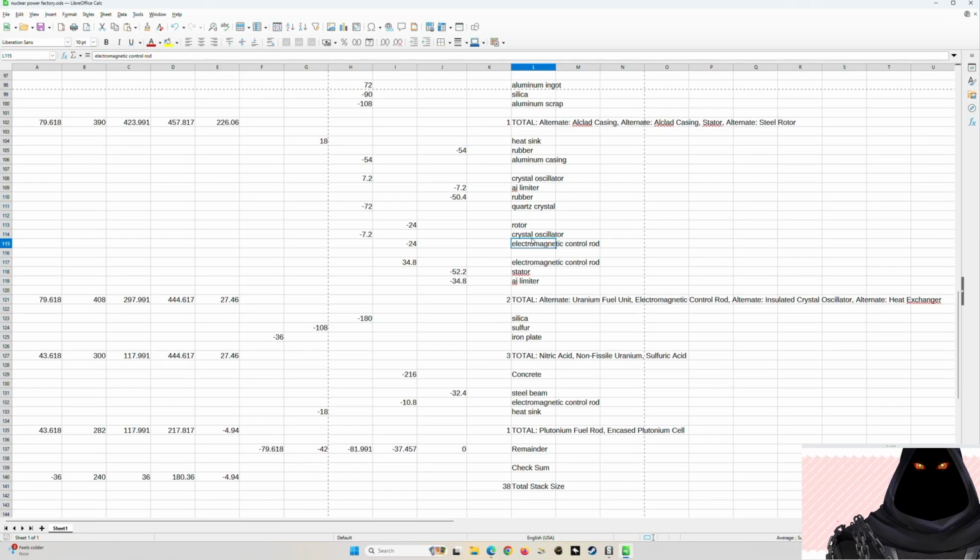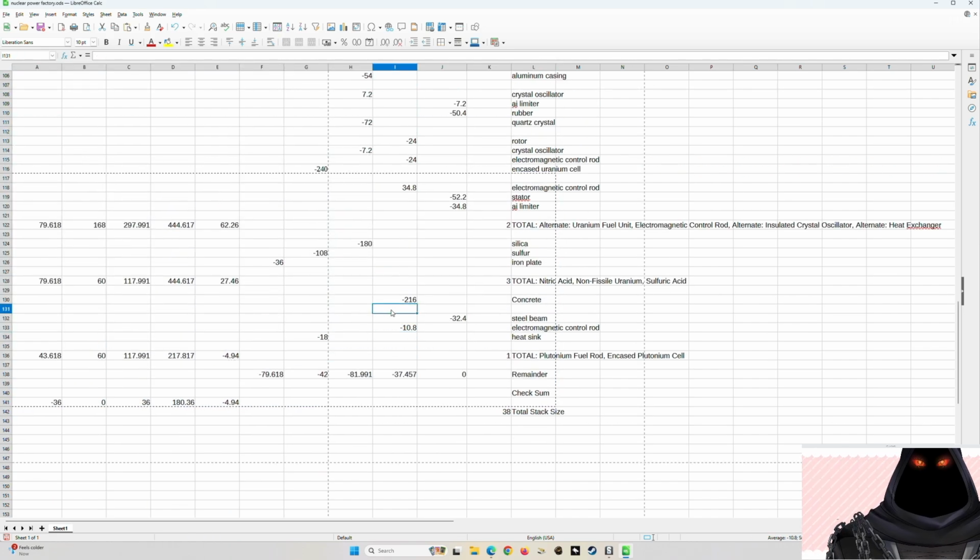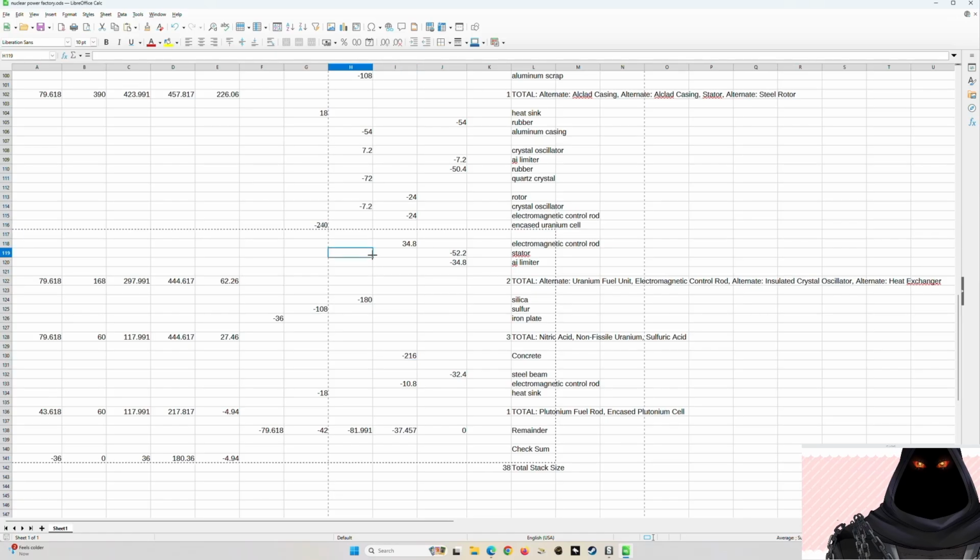Crystal rotor electromagnetic goes here. Alright. Ooh, look at that. These numbers should cancel. Yeah, iron plate.